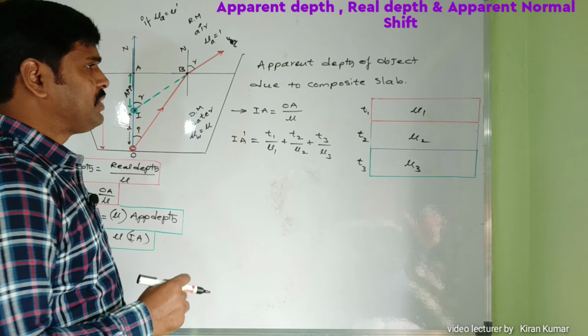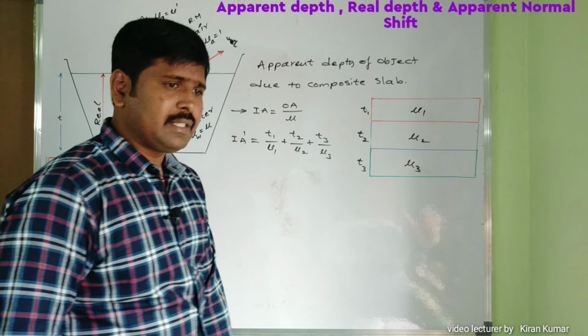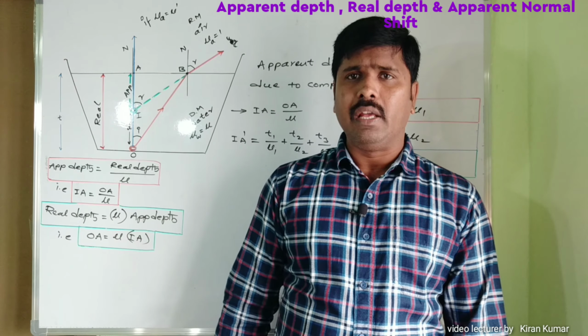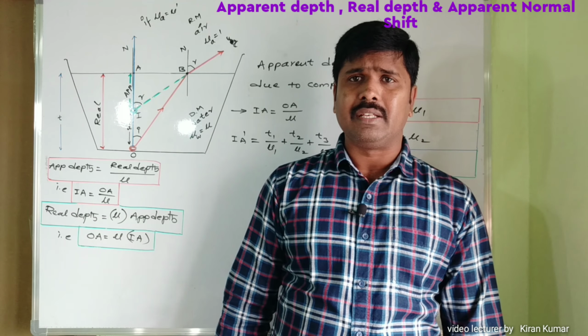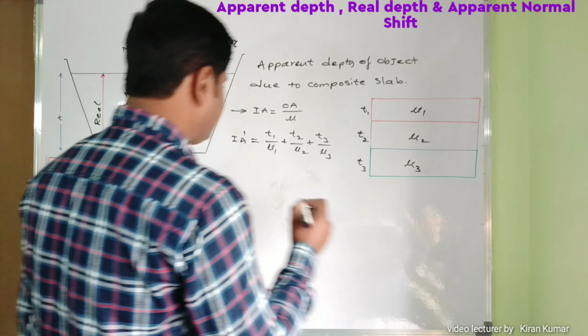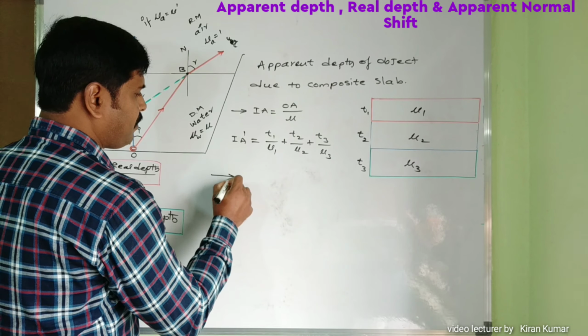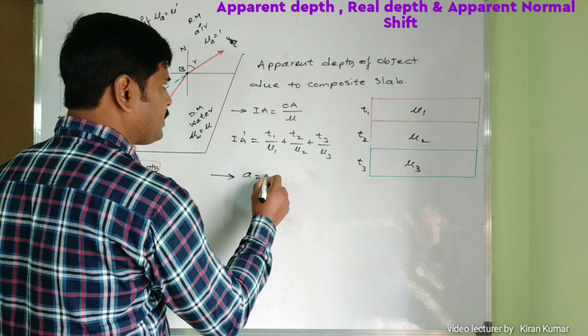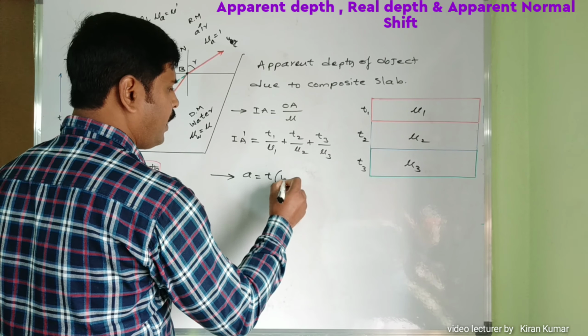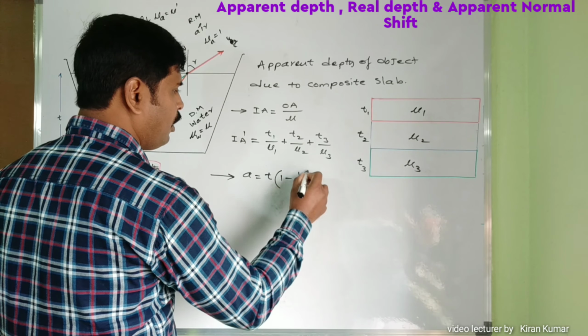In continuation, we can also discuss the apparent normal shift for the three different medium slabs. For this, considering the basic equation for the apparent normal shift, A is equal to T into 1 minus 1 by mu.